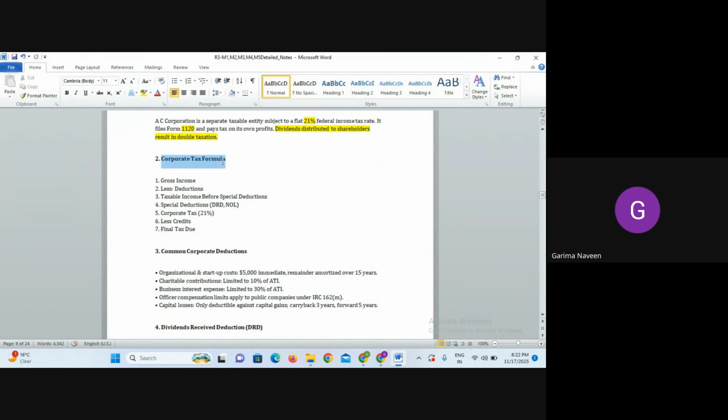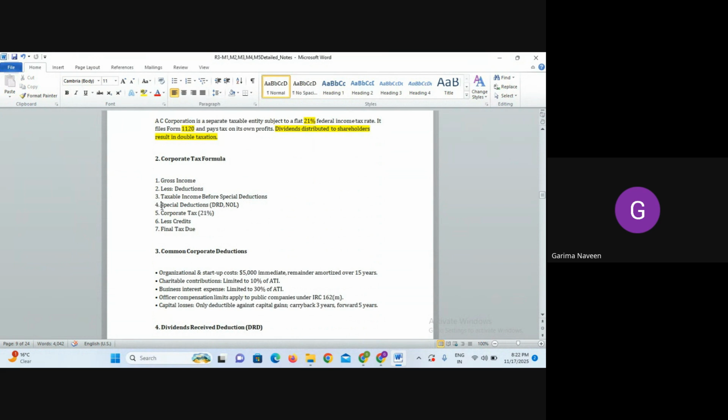Talking about the corporate tax formula. First of all, you have to report the gross income, whatever income a corporation is earning. Then from this income, you take certain deductions, which are ordinary or charitable deductions. After deducting these, you will get the taxable income before special deductions.